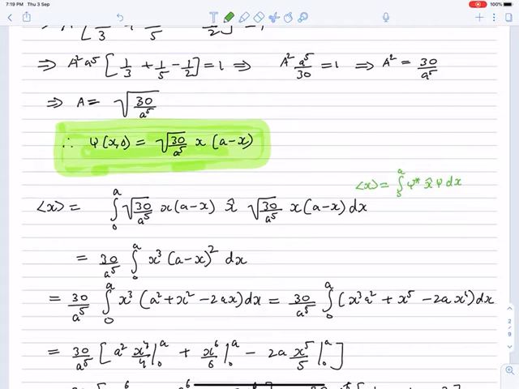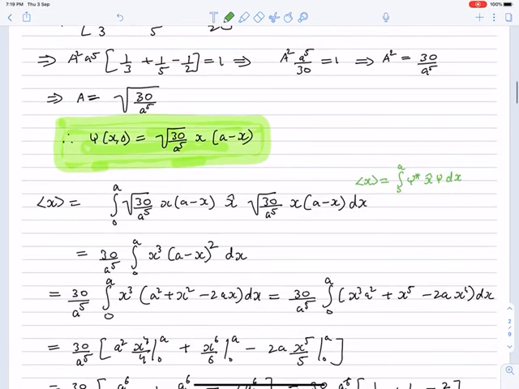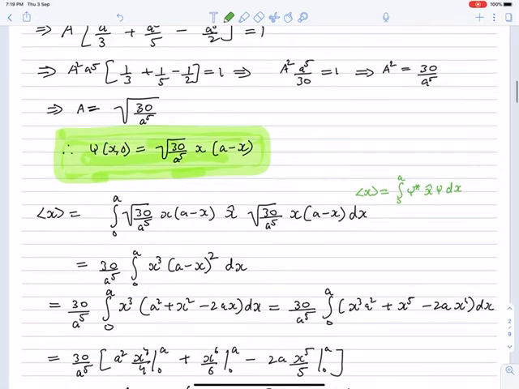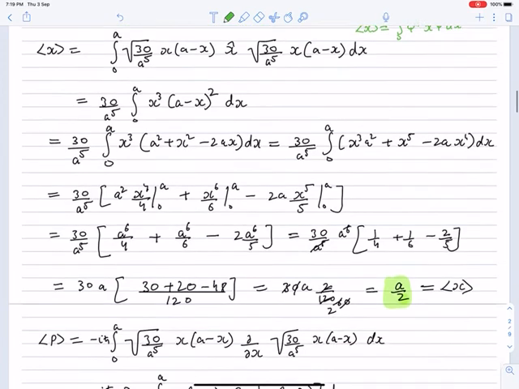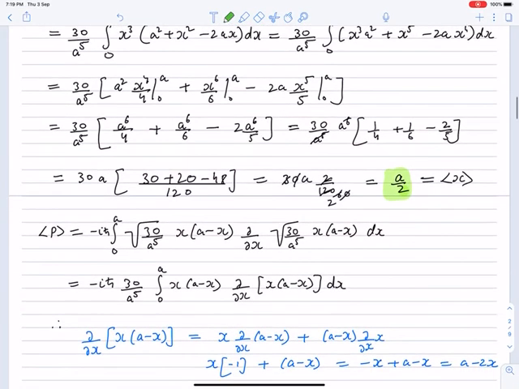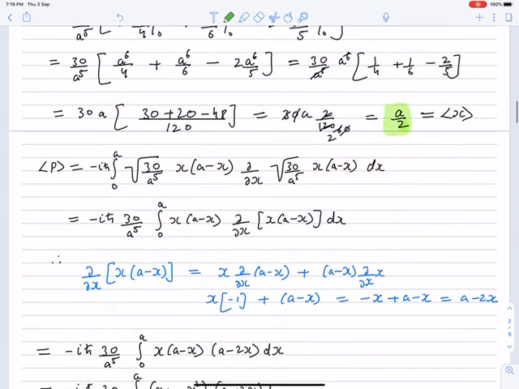Psi star is under root 30 upon a to the power 5, and since this is a real wave function, you can directly put the x operator as x. You can easily calculate by integrating, and you will get a by 2.